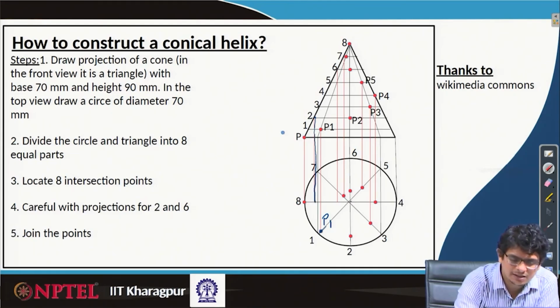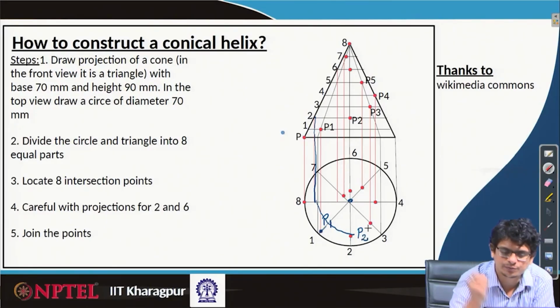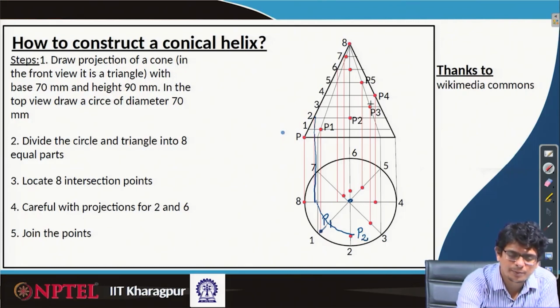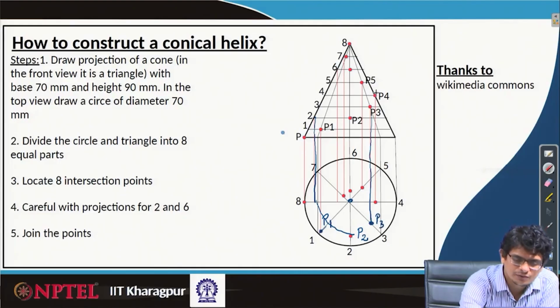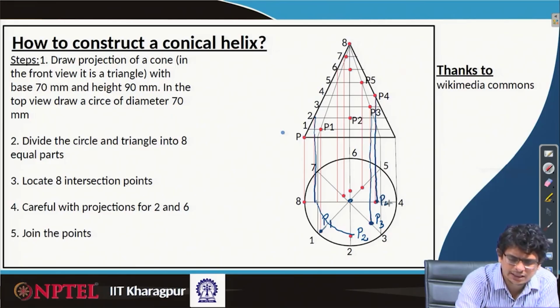Once it is done, from the center make an arc which is going to intersect this point, call it P2. For P3 also drop a perpendicular, so that it is going to intersect the 3 line, call that P3. For P4 drop a line where it is intersecting, call that point P4.